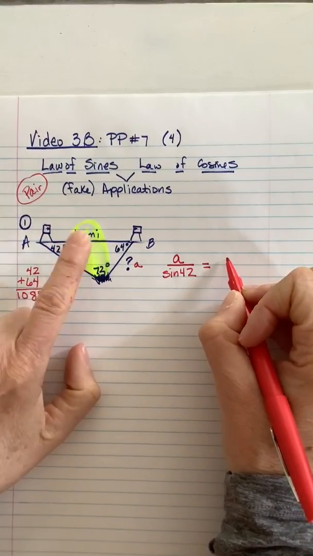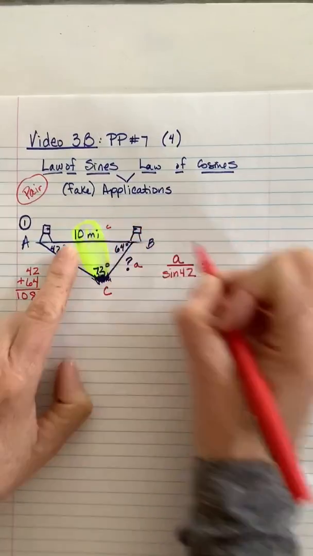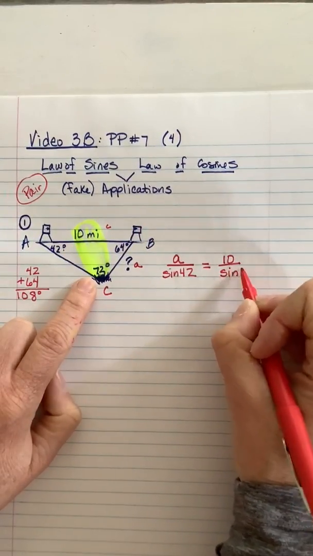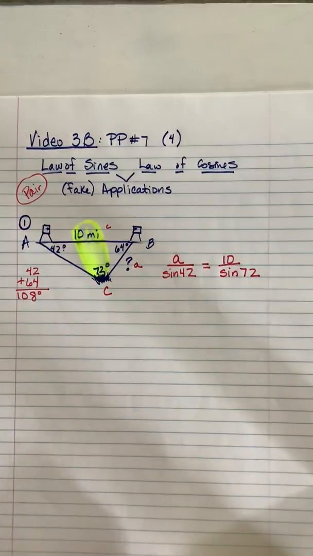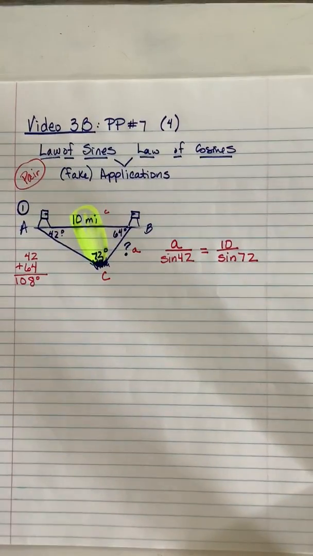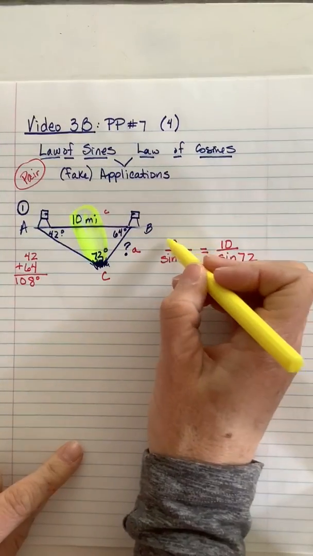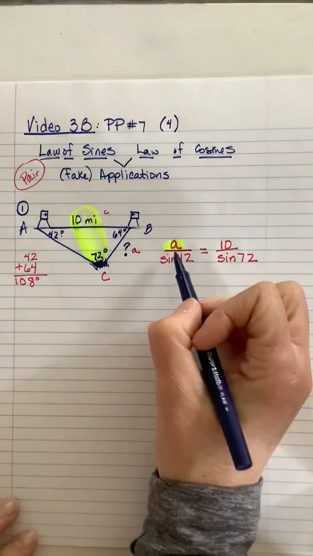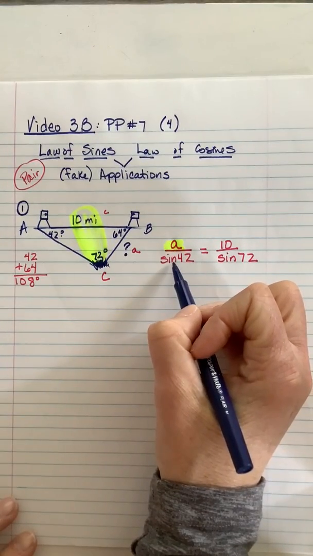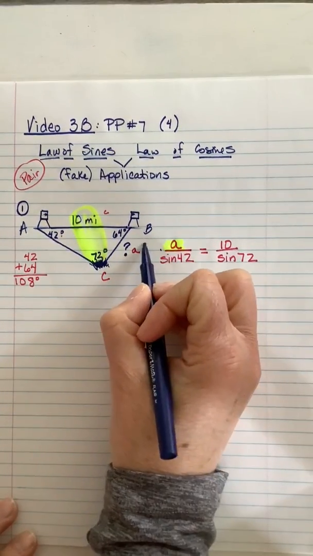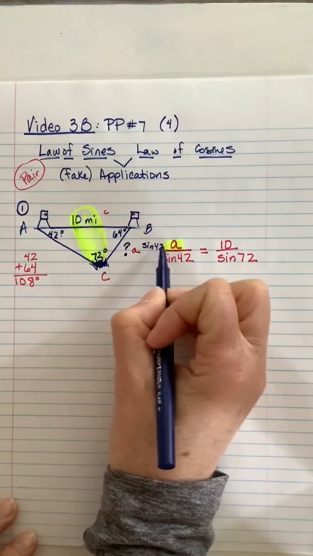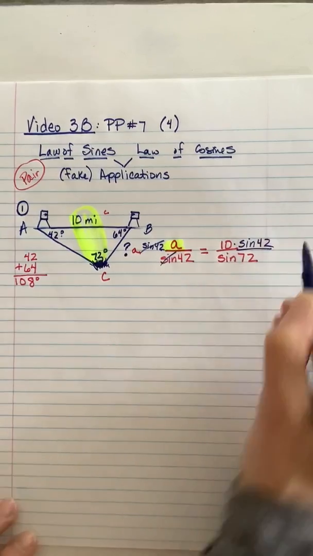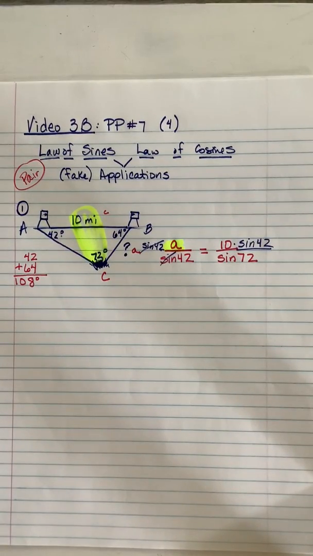Divided by little, I guess we can call that little c, this side, divided by sine of 72. So using that law of sines now, we are missing side a, which means I need to undo divide by sine of 42, so I'm going to multiply by sine 42. Oh, I love the law of sines.